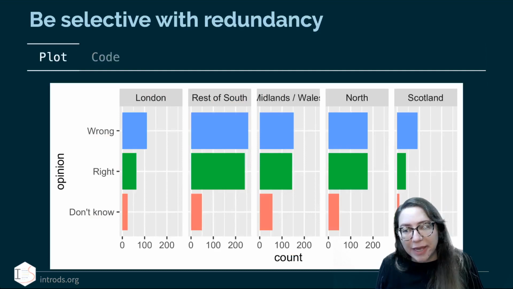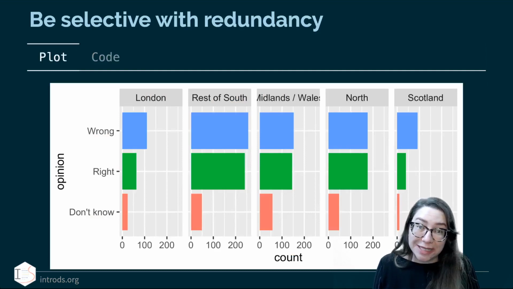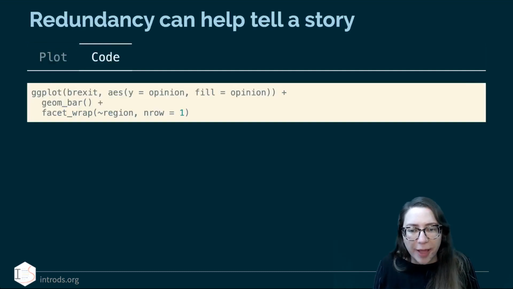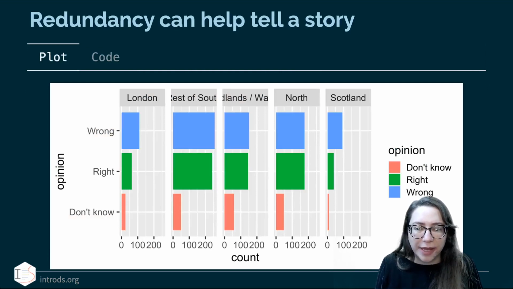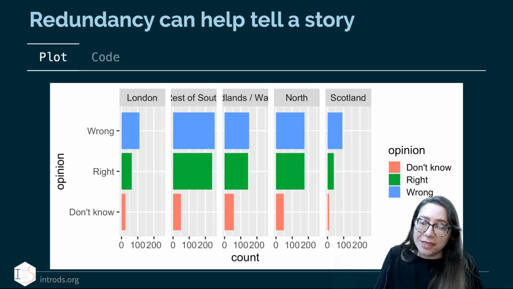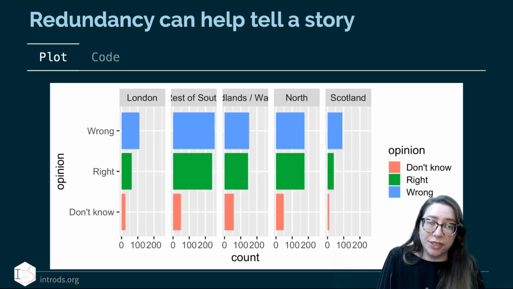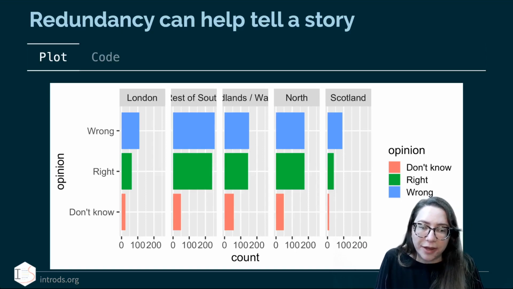But we probably want to be a little bit selective with it still. So if we go back to the visualization that we just made, the colors indicate the various opinions that are already marked on our y-axis with wrong, right, and don't know. But then we also have a legend that ggplot gives us automatically that basically tells us the same thing. Do I really need both of these things?